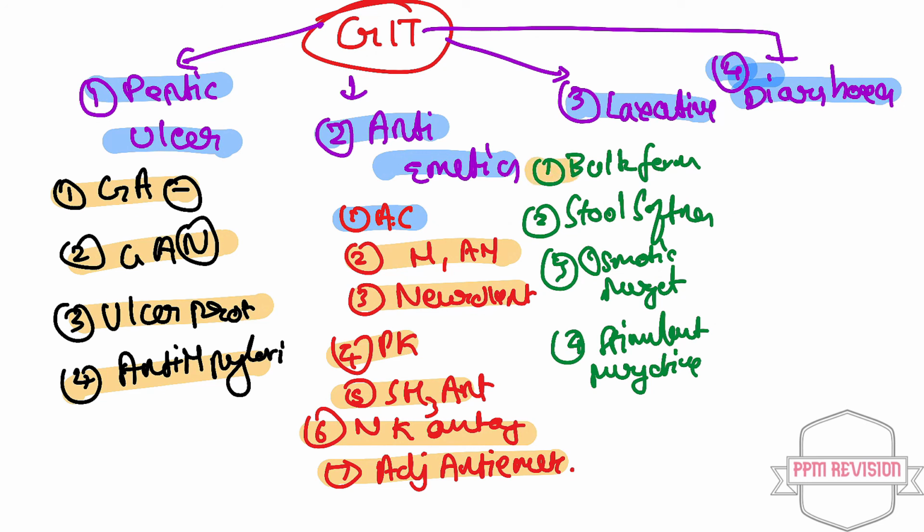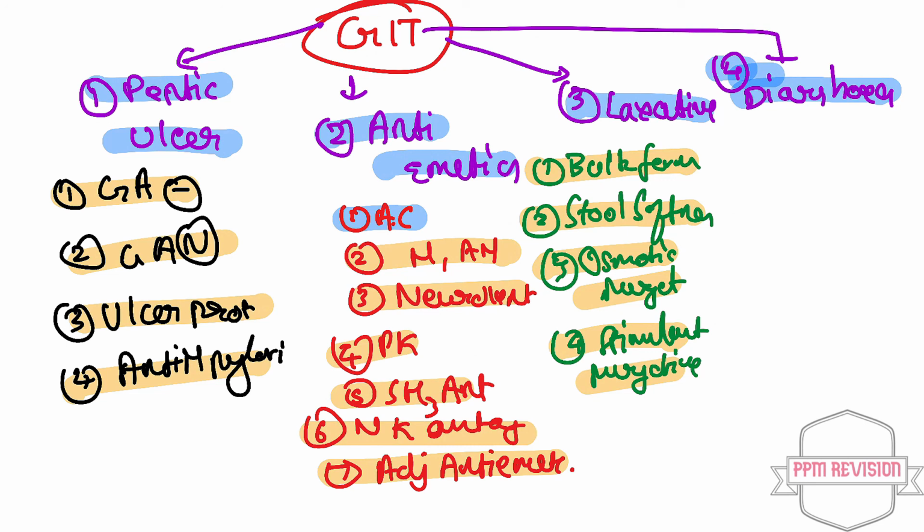Let me cover this again: bulk forming, stool softener, osmotic purgatives, and then stimulant purgatives. Under this, we have also seen categories such as fixed oil, 5-HT4 agonist, and anthraquinones, as well as diphenylmethanes.